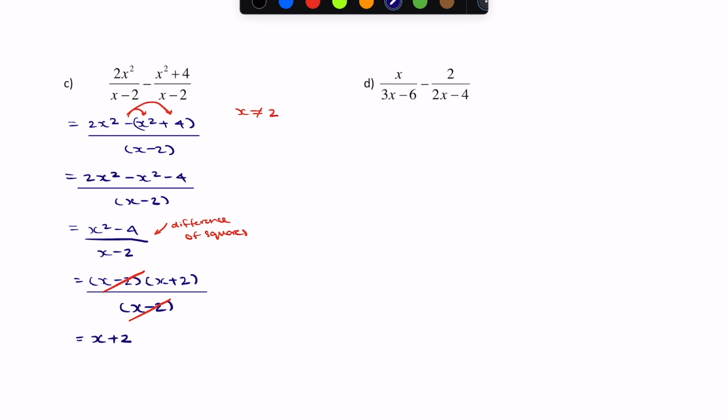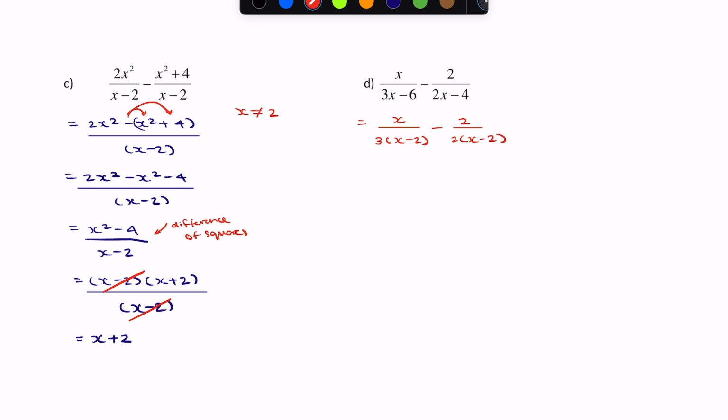So if we rewrite this as x over, we'll factor out a common factor of 3, leaving us with x minus 2, minus 2 over, and we'll factor out 2 here, x plus 2.